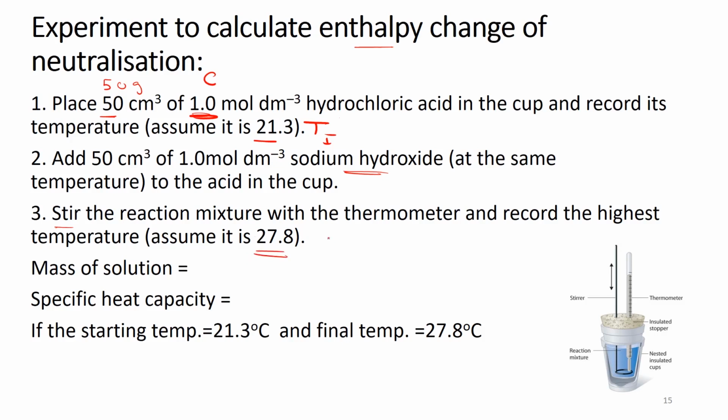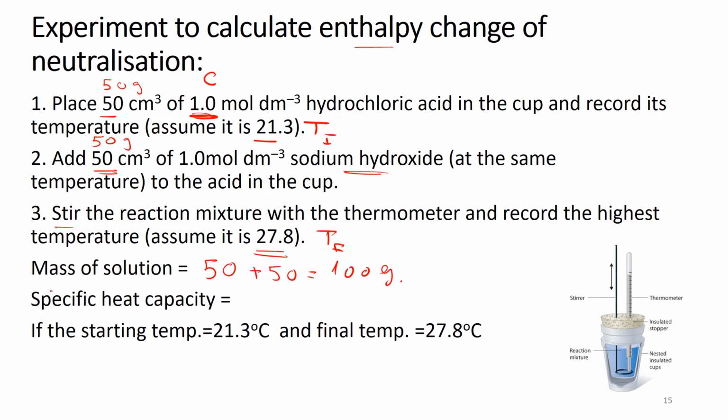Let's assume you recorded your final temperature to be 27.8. Now I am also giving 50 grams of my alkali. This means the total mass of the solution would be 50 plus 50, which is equal to 100 grams.